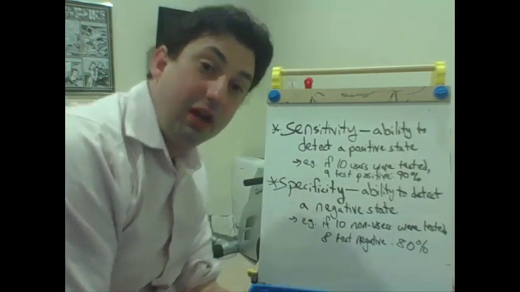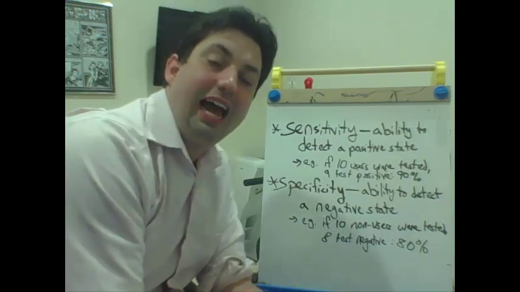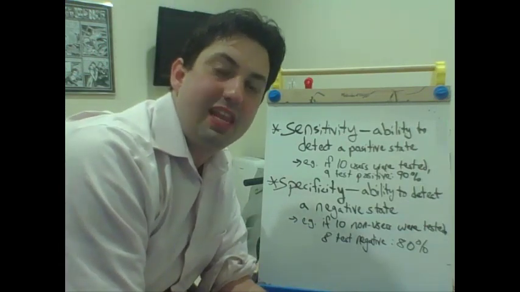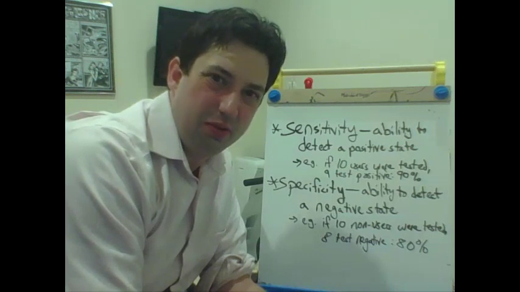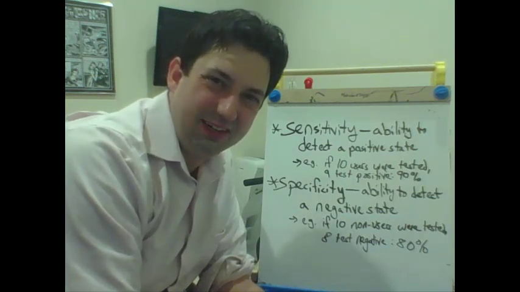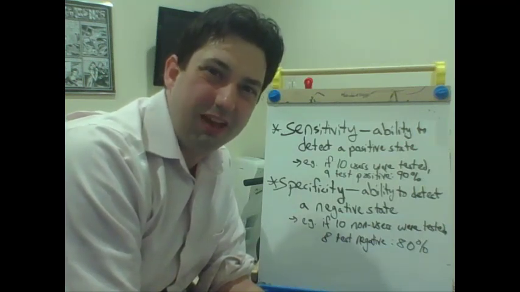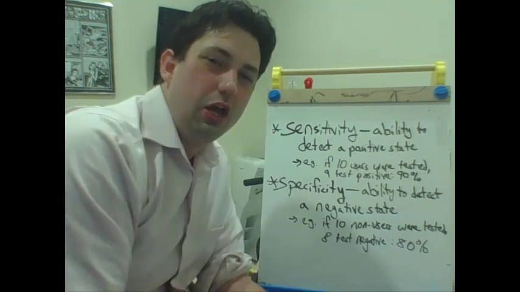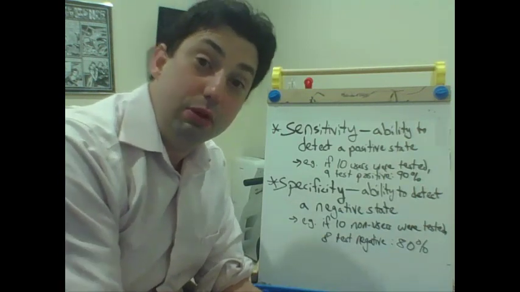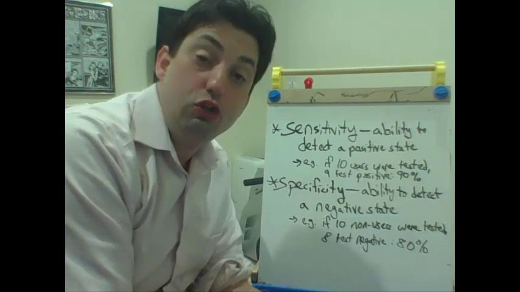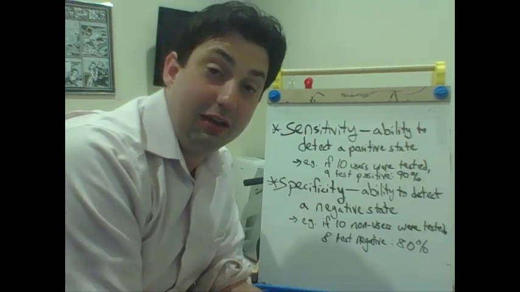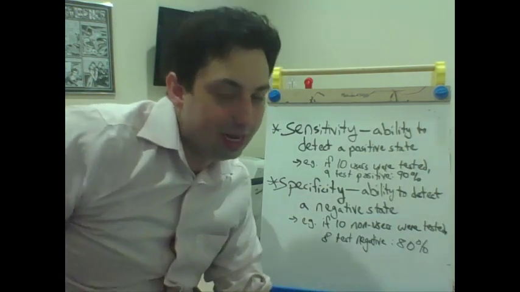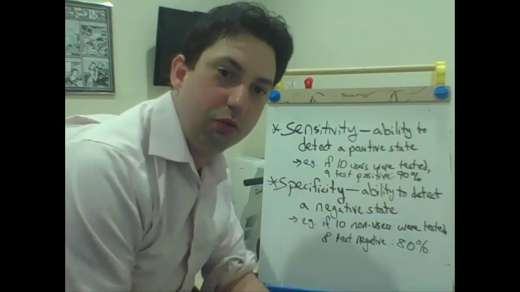The 2 main terms are sensitivity and specificity. Sensitivity is the ability of the test in question to detect a positive state. By the way, the test can be really anything, any sort of rule that you're using.